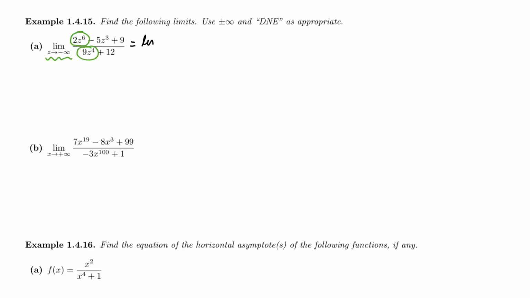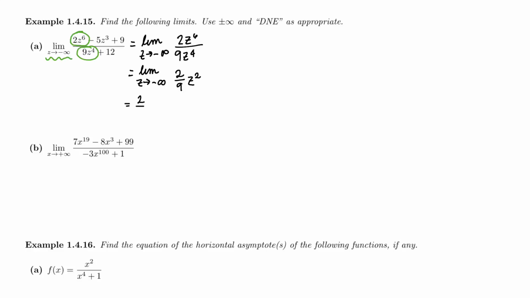So you have the limit as z goes to negative infinity of 2z to the 6th over 9z to the 4th. We can simplify here. So we have the limit as z goes to negative infinity of, this will become 2/9 z squared, right? Z to the 6th over z to the 4th is z squared.